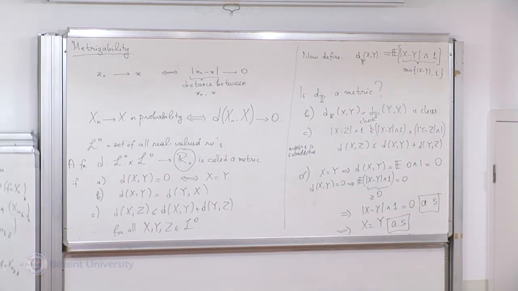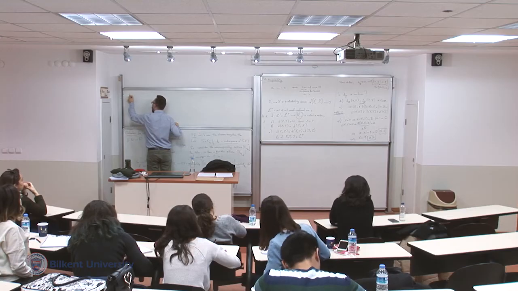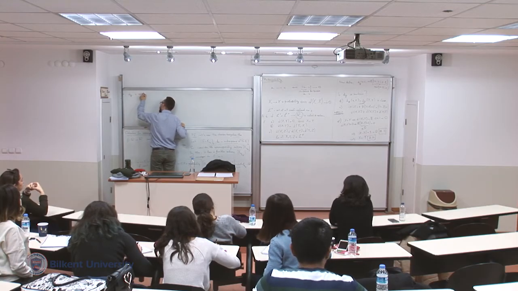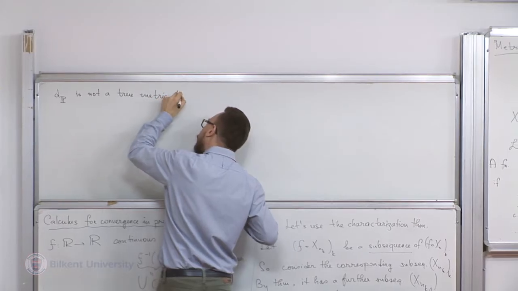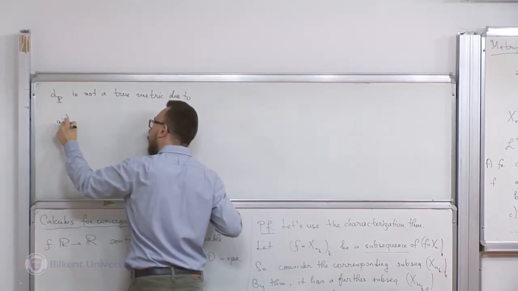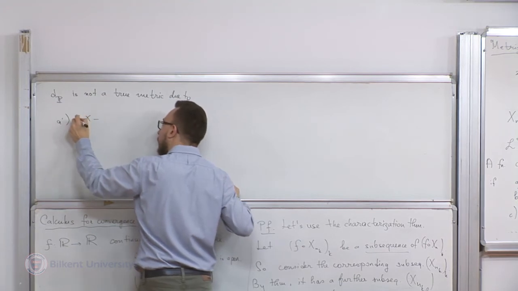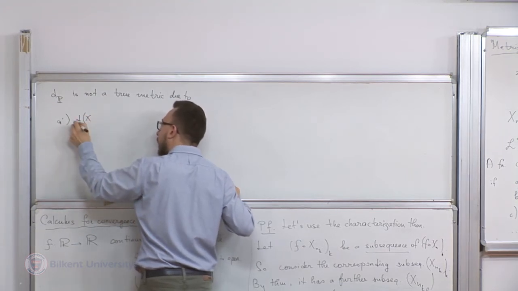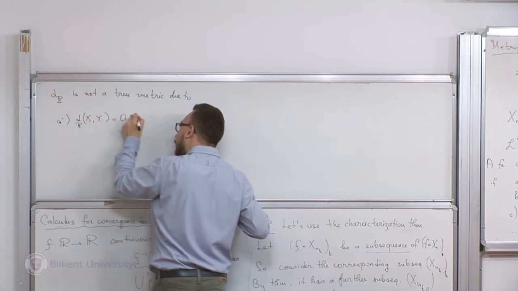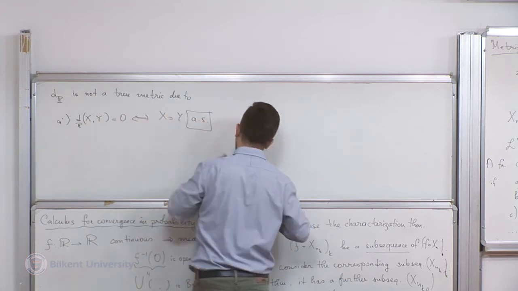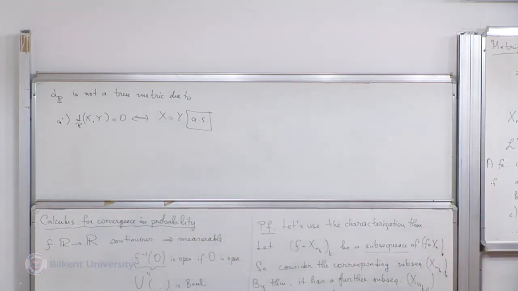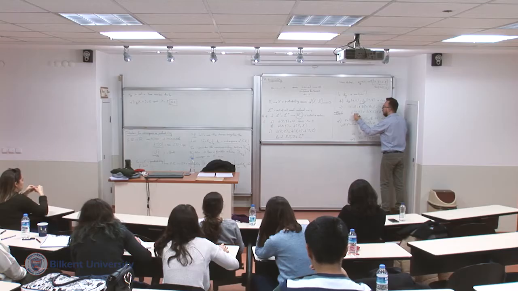So dp is not a true metric due to A prime, which says the distance between x and y is 0 if and only if they're equal almost surely. Almost surely. I always used d.